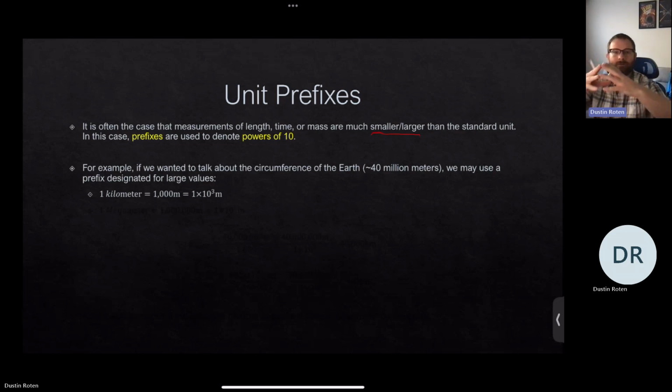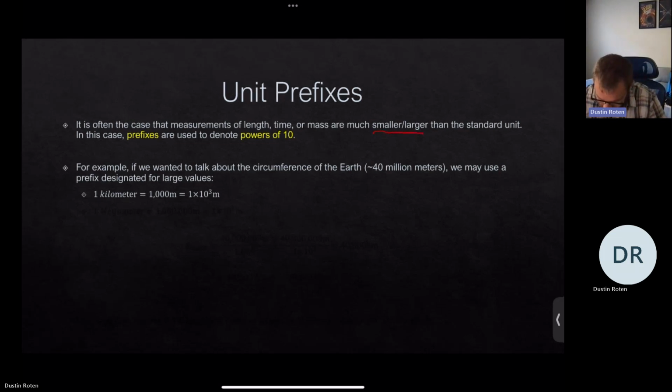So now we take our 40 million meters and chunk it up into bits of 1,000 instead of using all 40 million of them. And then 1,000, you'll notice if we move our decimal place until we get to the 1, we've moved it to the left 3 decimal places, so we can actually rewrite it as 1 times 10 to the third. If you put that in your calculator, 1 times 10 to the third, it'll be 1,000.